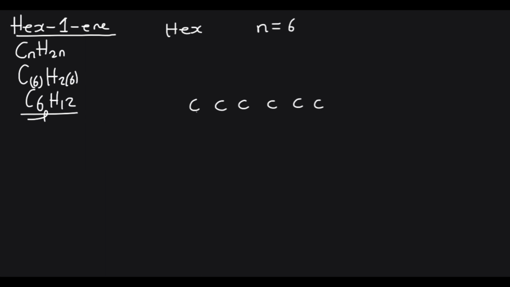Now let's say we number it from left going to the right side, so we have carbon 1, 2, 3, 4, 5, 6. Then what if we number it from right to left? This is our carbon 1, 2, 3, 4, 5, 6.